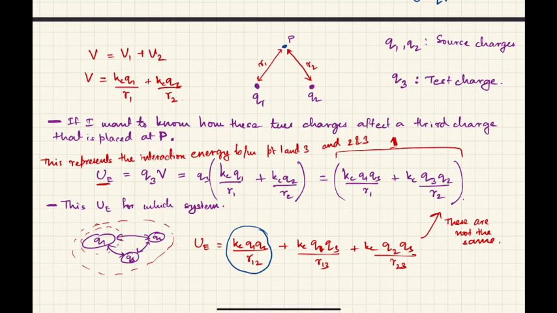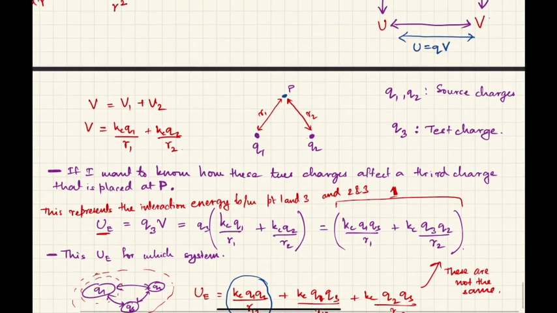Because we're not concerned about what effect Q1 has on Q2. We are only interested in some other particle being over here and asking the question, what effect would this have on some test charge placed at that point? So this is a very subtle point, and one has to keep in mind these things when converting between electric potential energy and the potential itself.